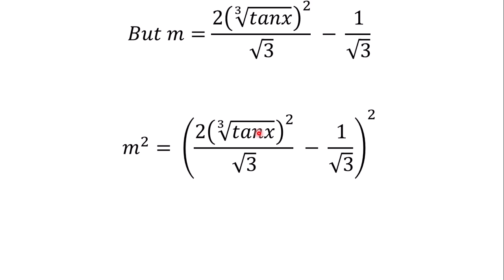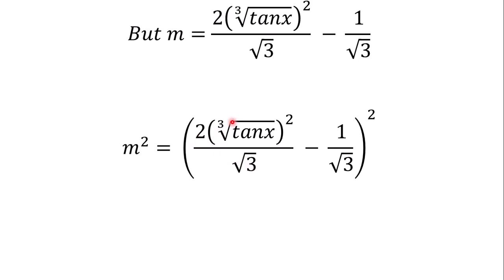But this one here, we are having another 2 here. So it means this 2 is affecting the whole of this. So if another bracket is here and being raised to the power 2 again, it simply means that the whole of this is affected. This one is affected, and then this one is affected.